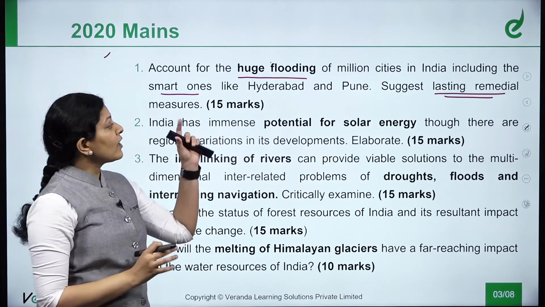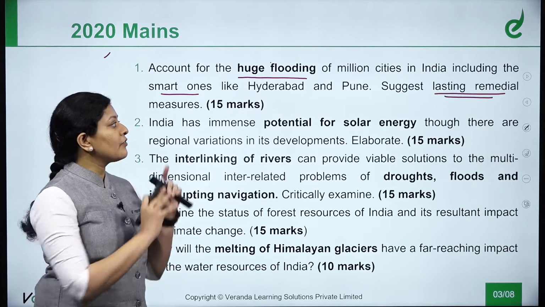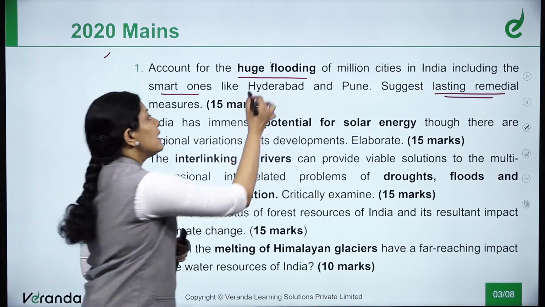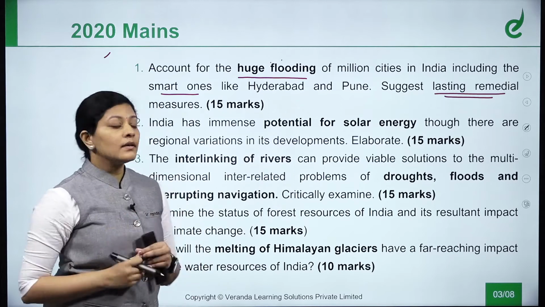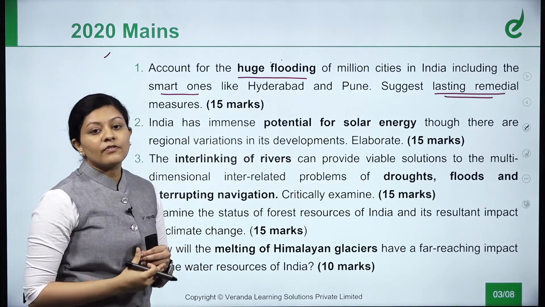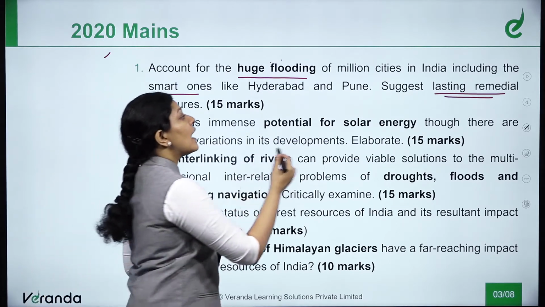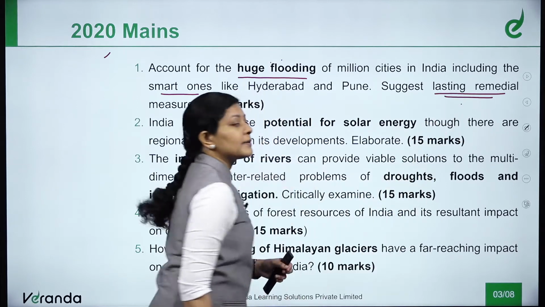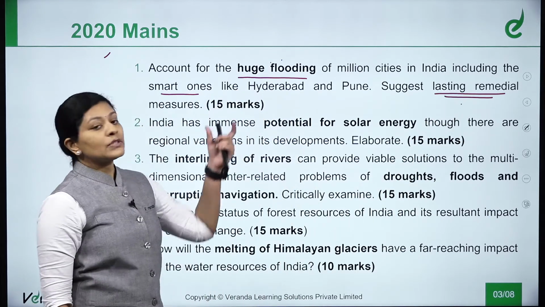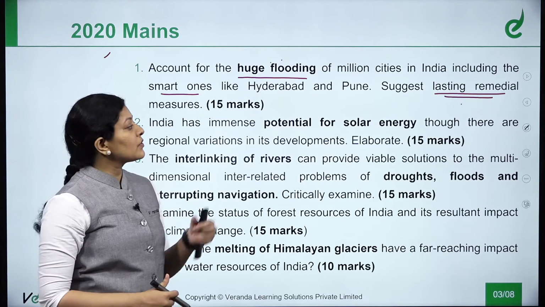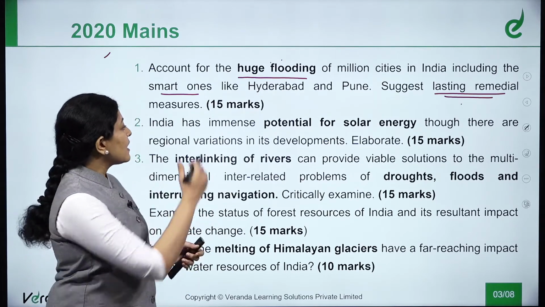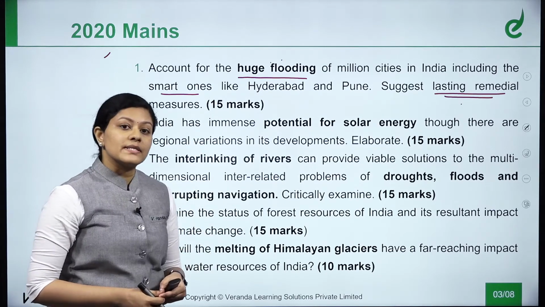Generally, if you are a fresher and are asked to write an answer for this, you would be revolving around the huge flooding. What is the reason for flooding and all? But we hardly talk about this part. So for this, we'll discuss how to answer this particular question at the end of this session. And let us see how to identify the keywords for other questions as well.